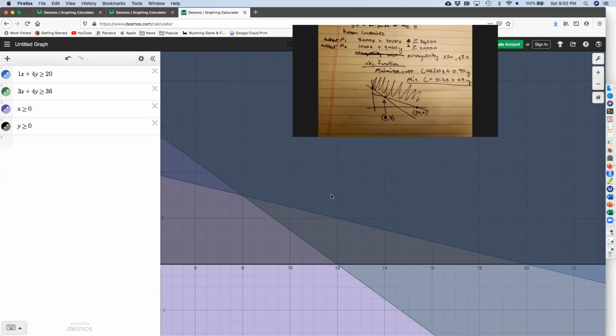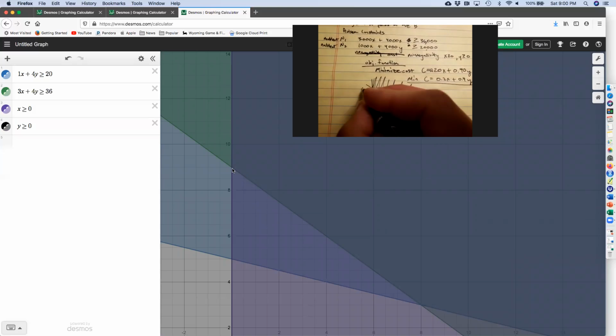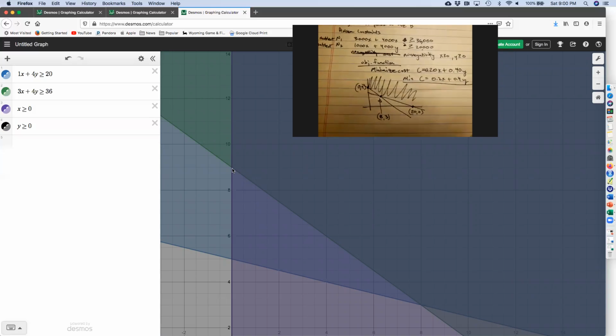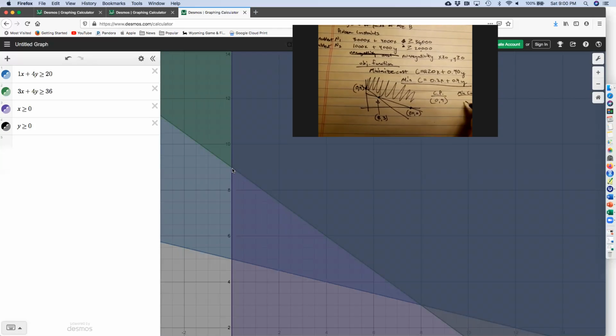By the way, you shouldn't just say looks. You should probably go calculate this out. But I'm pretty sure these are the numbers, so I wouldn't worry too much. And we have 0 and 9 up here. So if we were going to do corner points, CP, and min cost, we'd plug those in: 0 and 9, 8 and 3, and 20 and 0.